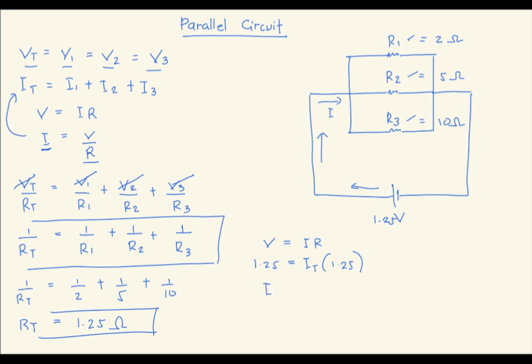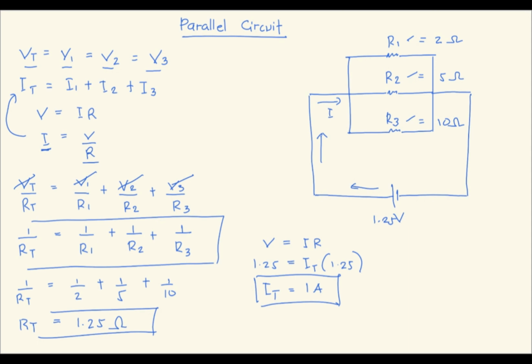Hence, the total current passing through is equal to 1 ampere. Okay, whereas we can determine the current passing through the individual components R1, R2, as well as R3 from Ohm's law.